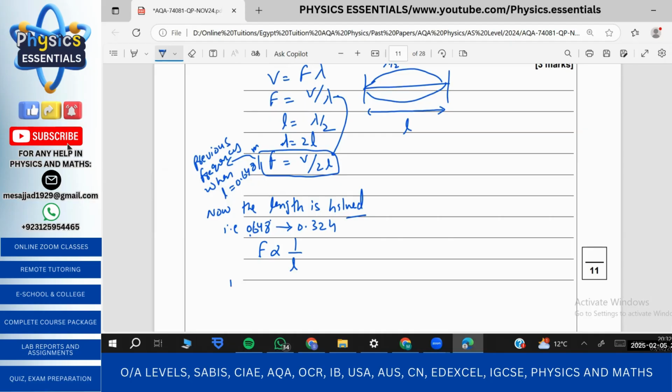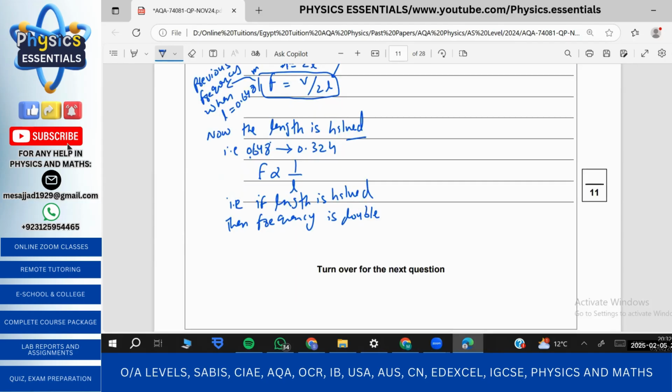So if length is halved, then frequency is going to be doubled, right? When frequency is doubled, F1 previously was 147 hertz, the frequency of the first harmonic. So the frequency of this harmonic now will be 2 times 147, that will turn into 294 hertz now.